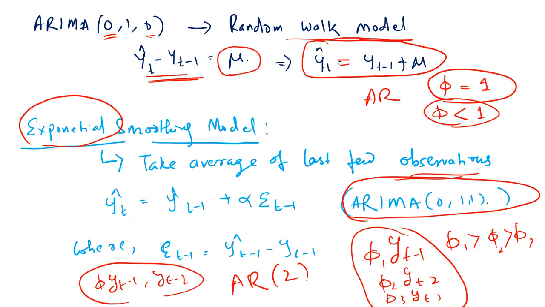So ARIMA(0,1,1), with no AR component, only one MA component, and one first difference, is equivalent to the exponential smoothing model. We will not get into the derivation of that, but that's just additional information to what we have learned already. So that's about the theory behind the ARIMA model.